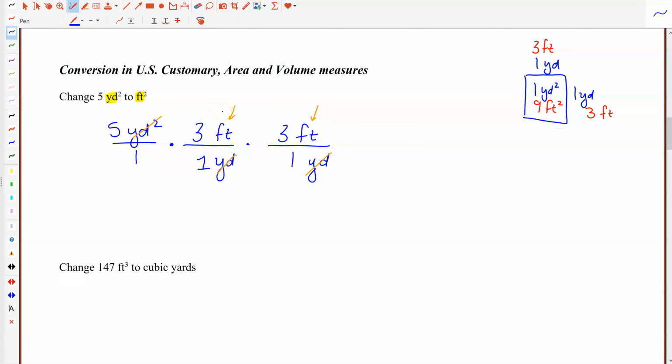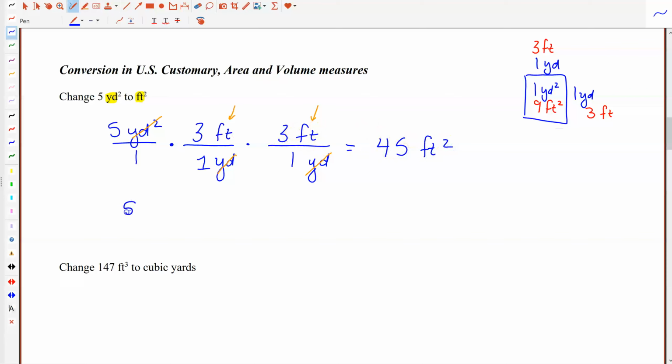And then we can just set up as many fractions for however many units we're trying to cancel. So then to compute my final answer, I would do 5 times 3 times 3, which is going to be 45, and then my final answer would be in square feet.